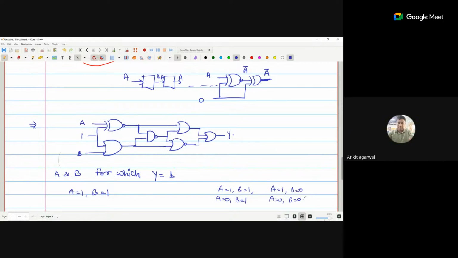Any other answer? So we are getting 1 when either this is 0 or 1, or this is 1 or 0, or 1 or 1.